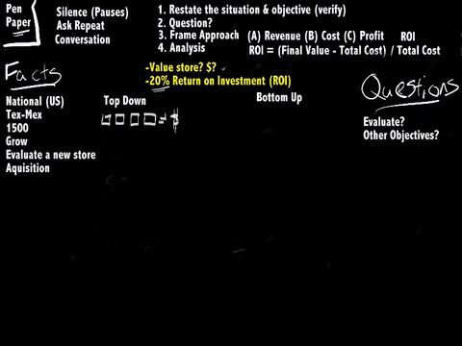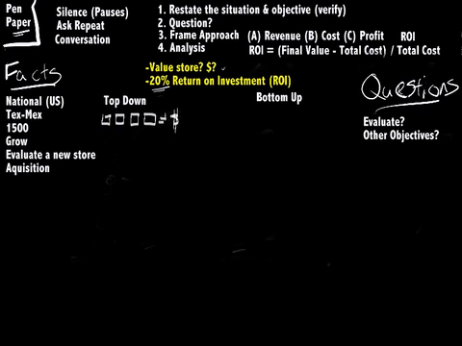So the questions in this case would be related to is this part of a group of stores or a chain, and if it is, how much revenue does the chain make, and then how many stores are part of the group.